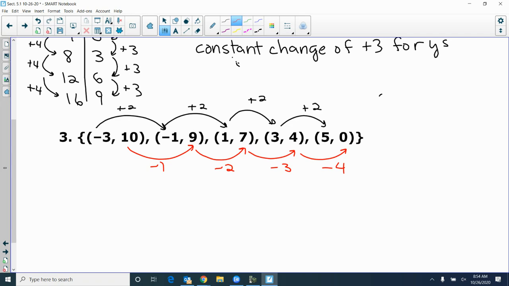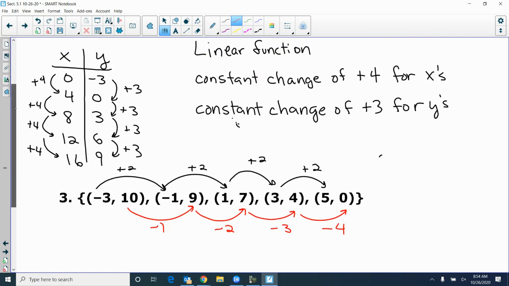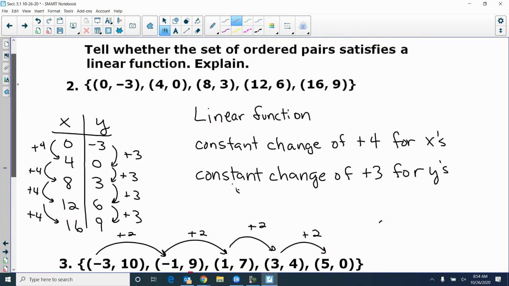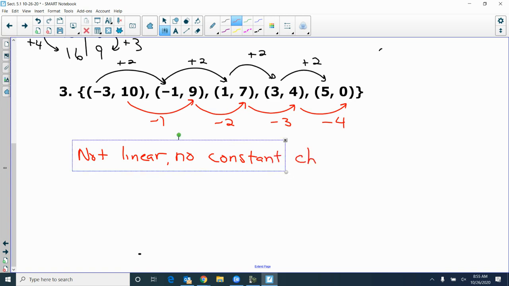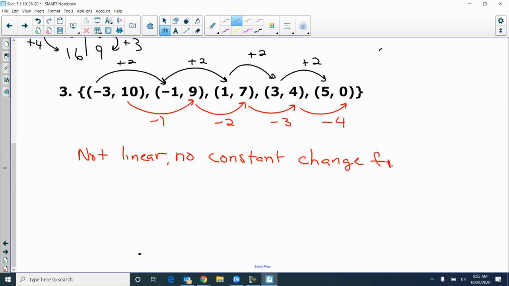Not linear, no constant change in the y values.